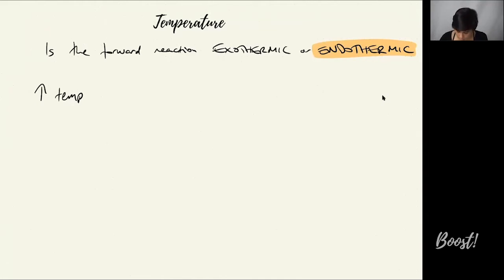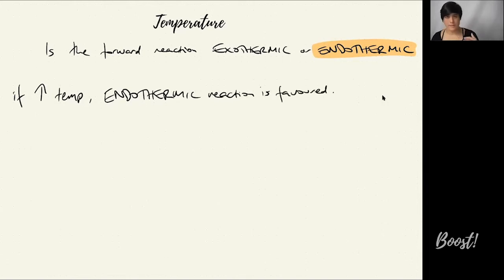So if we increase the temperature, the endothermic reaction is favored. Okay, so this is always true in all reactions. That's why it's important to know, is the forward reaction exothermic or endothermic, because that's going to tell us which direction the equilibrium will shift.